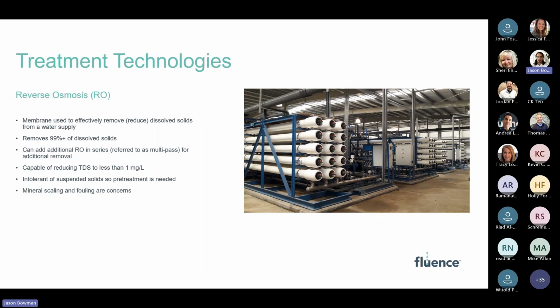At a certain point, dissolved contaminant removal will be minimal, and the energy required for pumping the highly concentrated water will outweigh the minuscule contaminant removal that you'll get from it. Additionally, scaling and fouling potential could be a much greater risk if you put too many stages or passes on a system. So typically, the sweet spot that we like to look for in a treatment process would likely be around 2 stages or 2 passes.